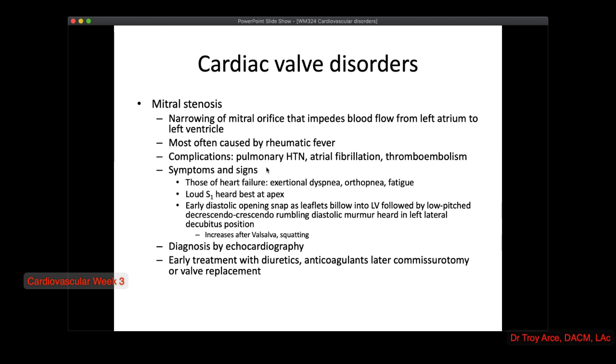Early diagnostic opening snap, so that'd be early diastolic. Opening snap as leaflets billow into the left ventricle, followed by a low-pitched decrescendo-crescendo rumbling diastolic murmur heard in the left lateral decubitus position.